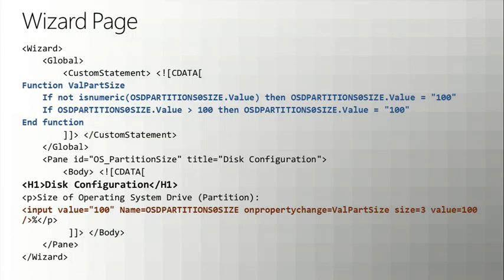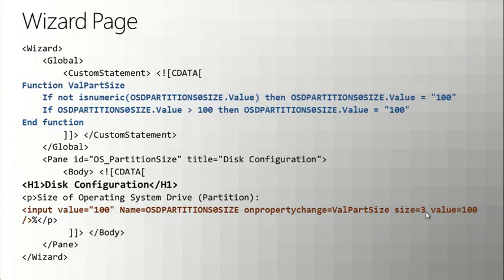So in this particular case, the body of the HTML, for those of you who understand HTML, we start off with the black line down here at the bottom. Disk configuration is the header. We just write a paragraph, size of the operating system, and then an input. This is a text input box. The default value is 100, and the variable name is OSDPartition0Size. And when the user actually changes the variable, we'll want to go back and do some processing.